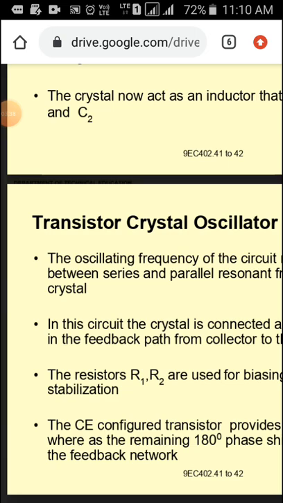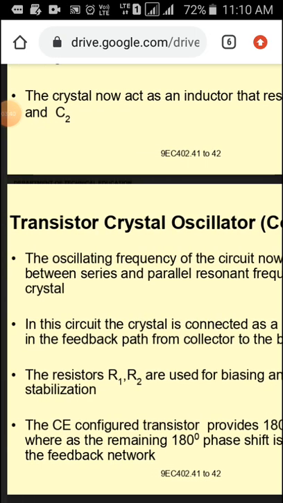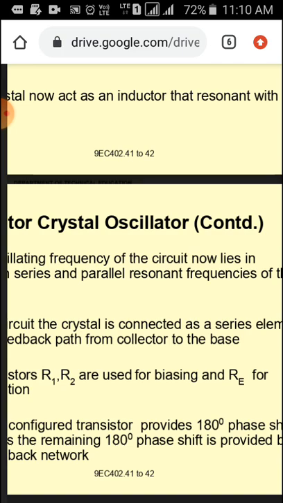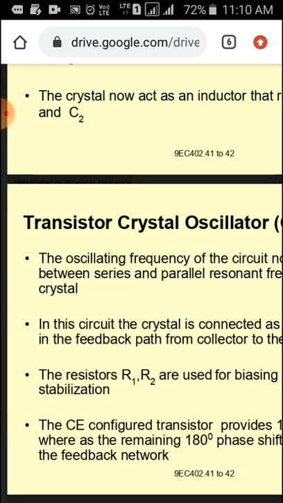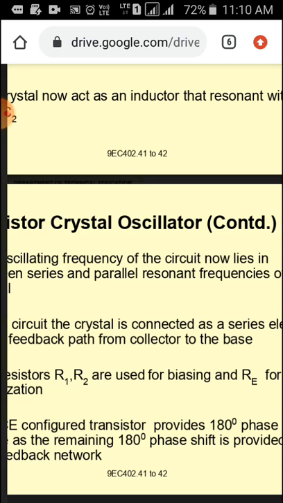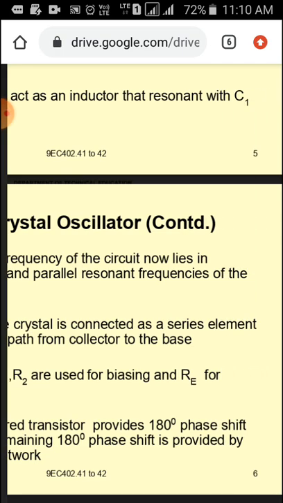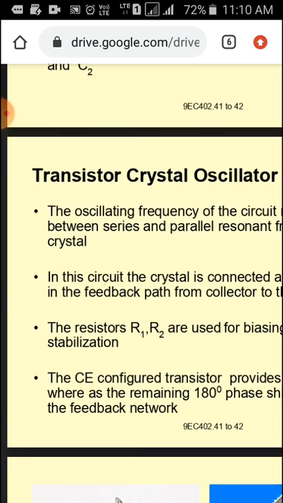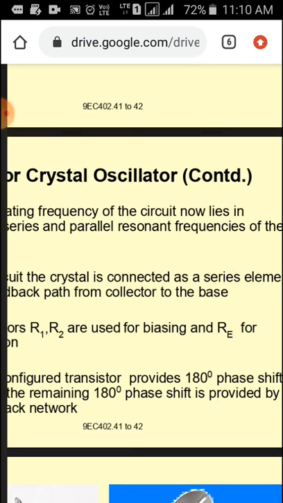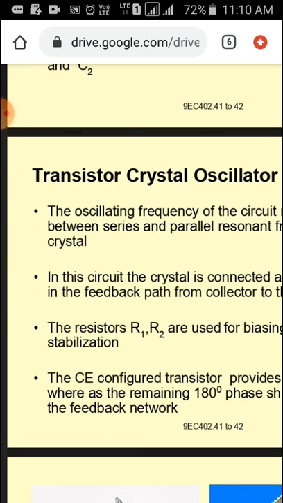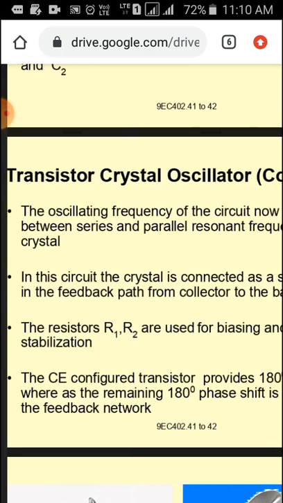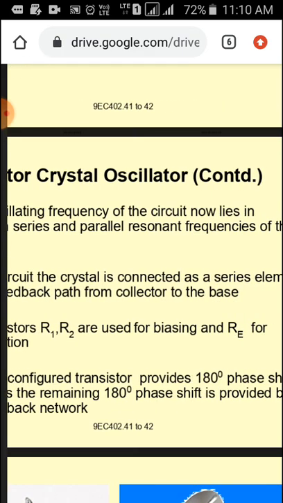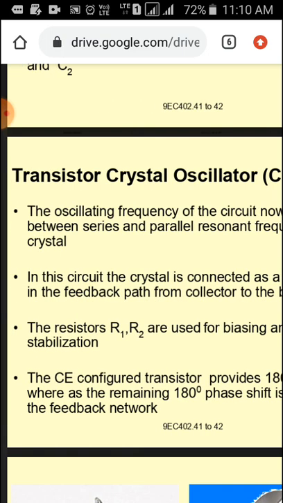Transistor crystal oscillator, continued. The oscillating frequency of the circuit now lies between the series and parallel resonant frequencies of the crystal. In the circuit, the crystal is connected as a series element in the feedback path from collector to base.